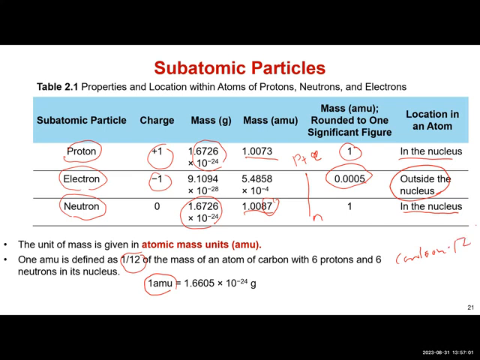We're going to talk about this a little later. One atomic mass unit is very small, about 10 to the negative 24. Therefore, atoms and subatomic particles are very small.